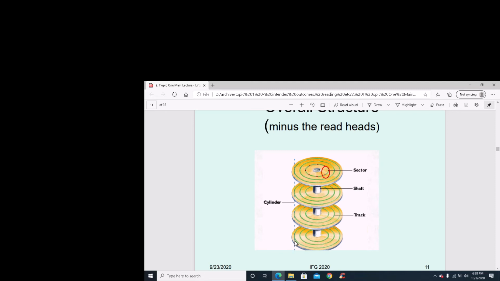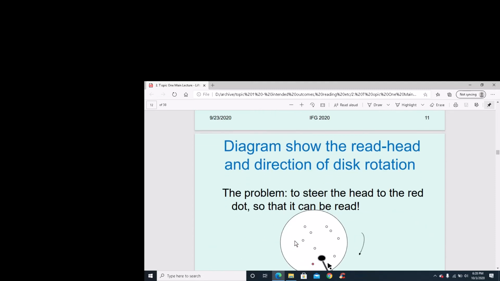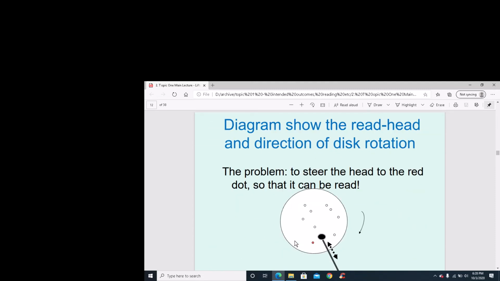Okay, so the diagram I'm showing you now represents the situation that I want to examine for the next few moments.